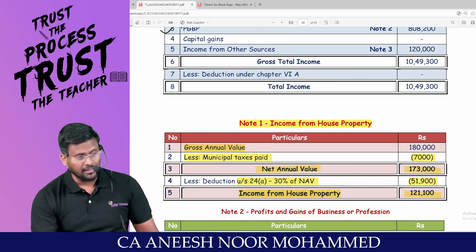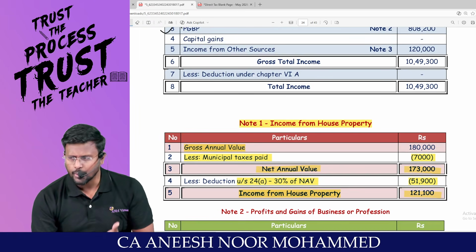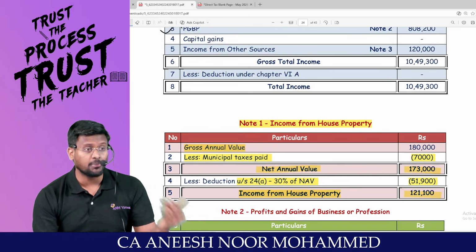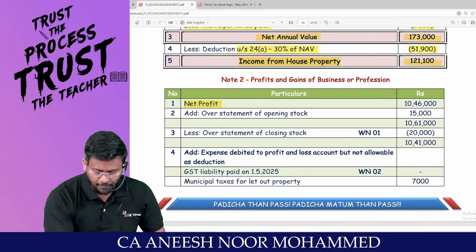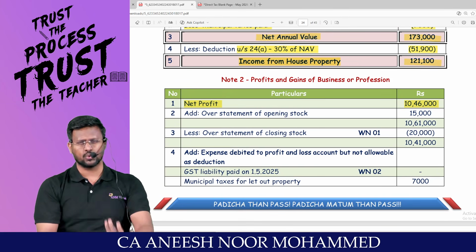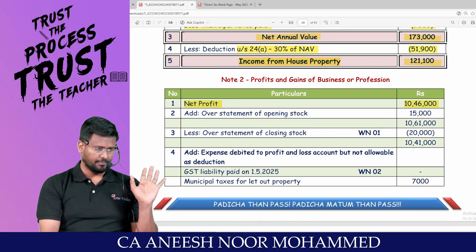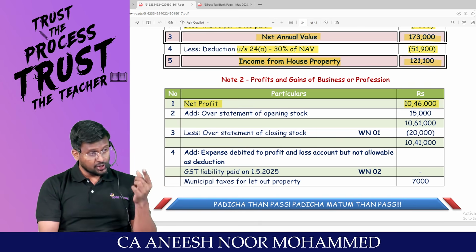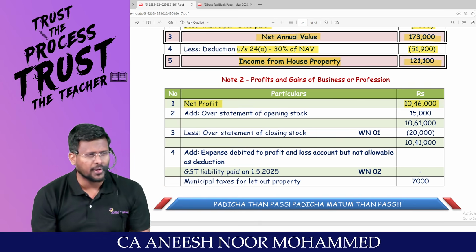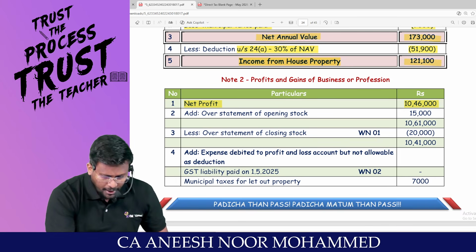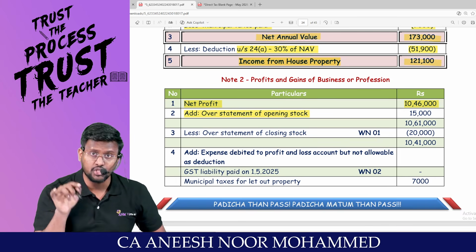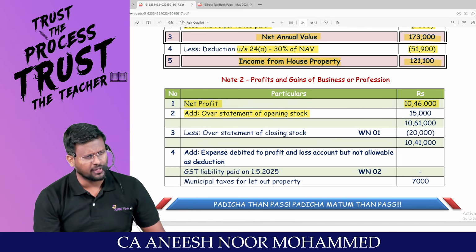Coming to PGBP, man, the real hero. Sir, how are you going to calculate the PGBP? Normal route or presumptive taxation route? Normal route, right? So what is the net profit? Net profit is 10,46,000. That net profit contains impurity. You tell me, is stock overvalued or undervalued? Overvalued. Because of overvaluation of opening stock, what will be the impact on profit?